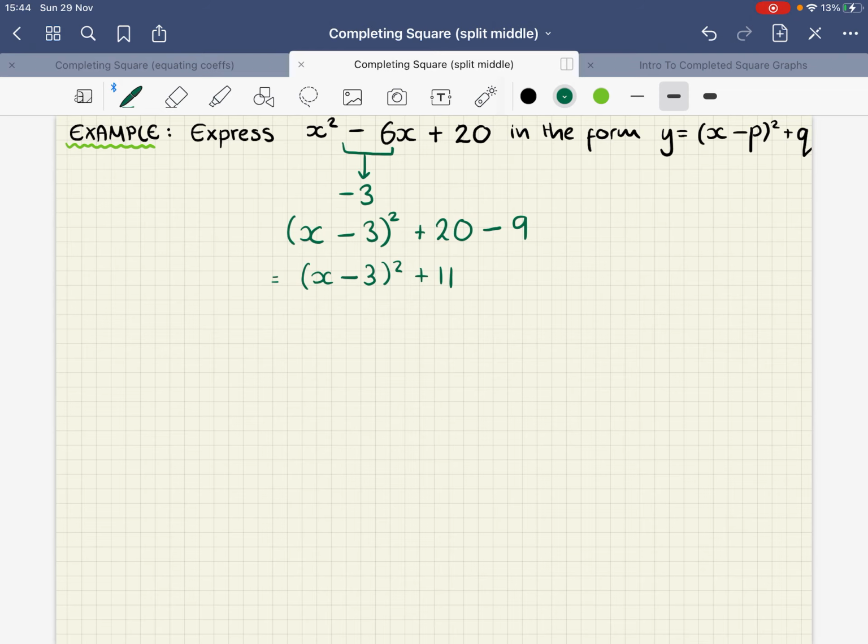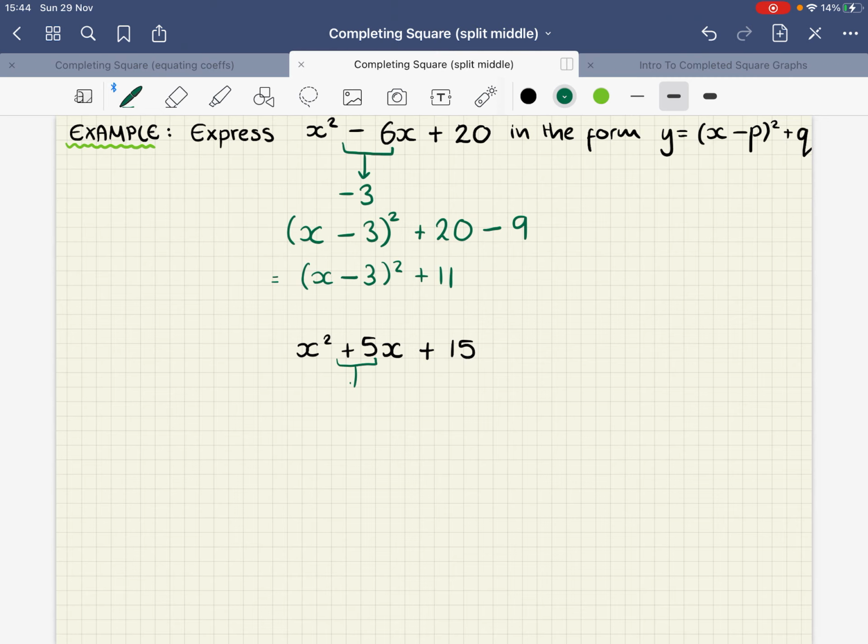So that is this split the middle term. So it's really nice and quick. It's very good if you do plan on just stopping at National 5. But again, there are issues on what to do if I have this number here. Or say, for instance, if I did have a similar question where I had x squared, let's say plus 5x plus 15.